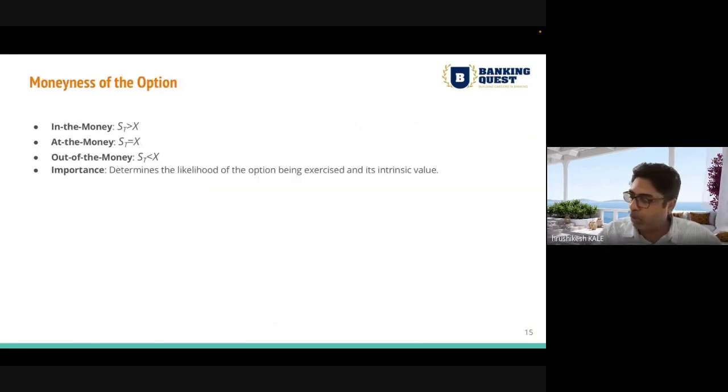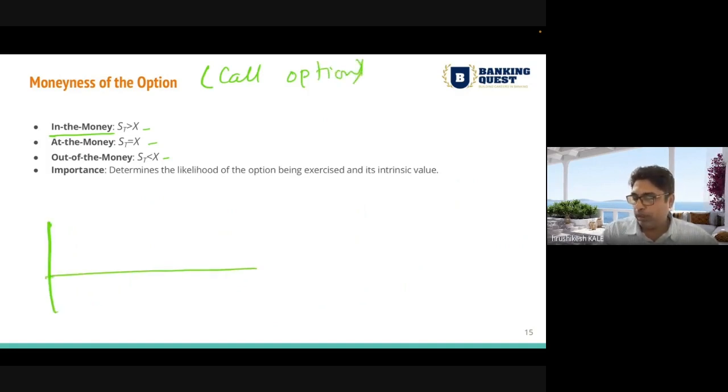Again, I think I have already told you about moneyness. Now, these moneyness formulas are from the call option point of view. If you see the definition, in the money means when you are in profit, meaning a long position.